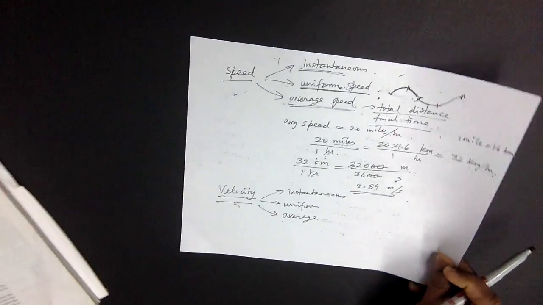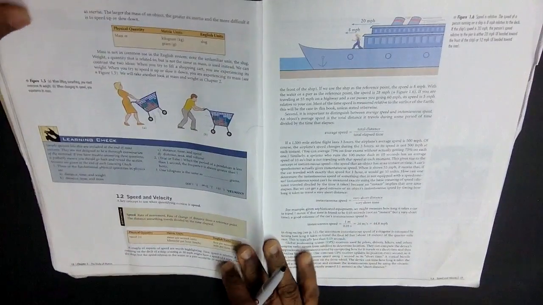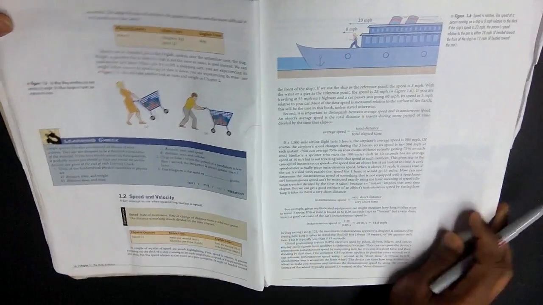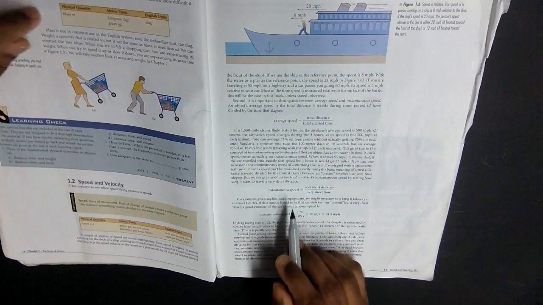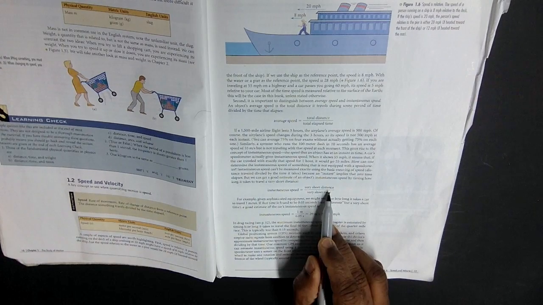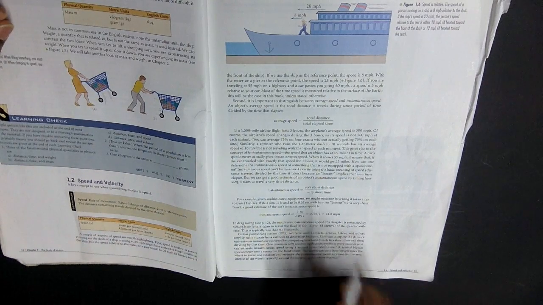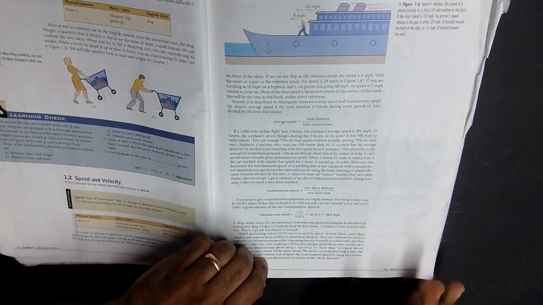And these things are explained in your textbook on these pages, speed and velocity. You can see the average speed is defined as total distance over total time. Instantaneous speed is a very short distance at the time that we are concerned about divided by the time. So you can see how instantaneous speed is classified or measured.